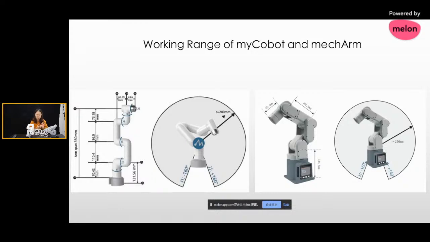Most industrial robotic arms are in a compact structure, and collaborative robotic arms are in a UR structure. The main difference between them is that the industrial robotic arm is very expensive. So industrial robotic arms are not suitable for educational use. One reason is that they are expensive.